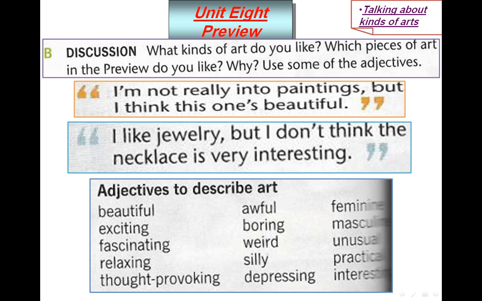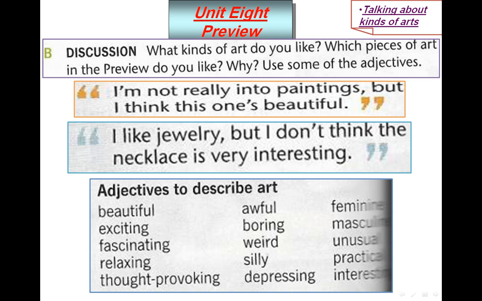When I say something is feminine, relevant to females, in Arabic we call it nisa'i. You say I don't like this color because it's feminine, لون نسائي, like pink or rose. Masculine is the opposite.